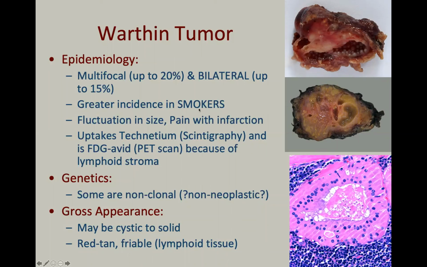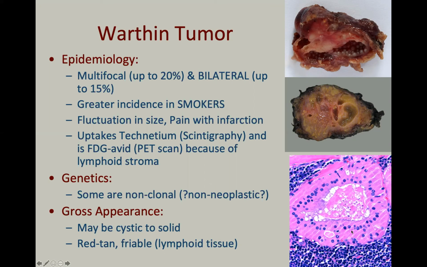Therefore, it is thought that perhaps these are potentially reactive rather than neoplastic because of this clinical manifestation of multifocality and bilaterality. Because these uptake FDG, they are avid on PET scan, potentially because of either the lymphoid stroma or the high mitochondria content of the oncocytes in these epithelial cells.